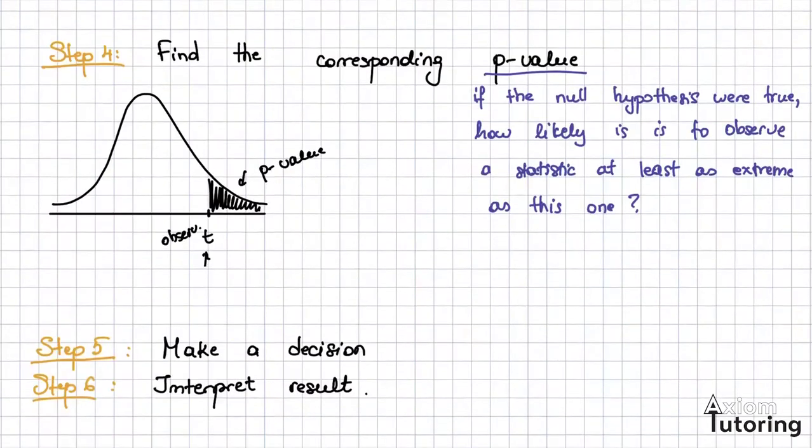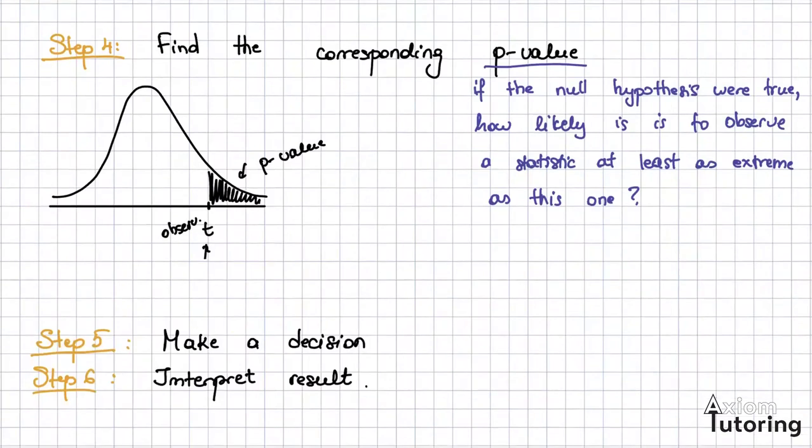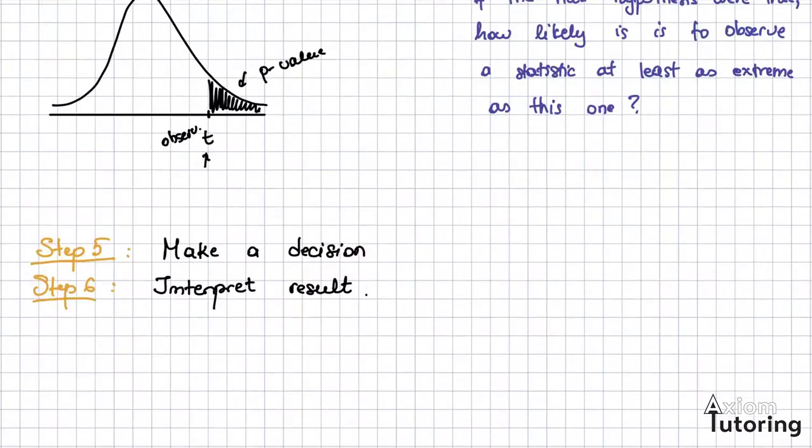Once we have a p-value, it's time to make a decision and interpret the result. The interpretation of the result, I'm not going to stop too much on it because it's exactly the same as the t approach. However, the decision rules are slightly different when we talk about the p-value approach.